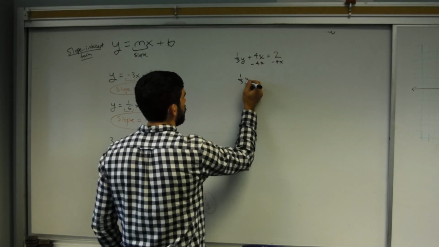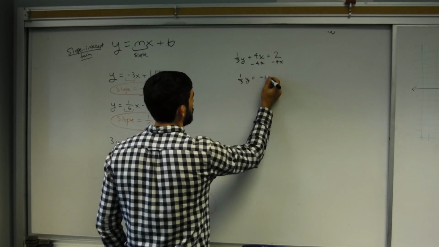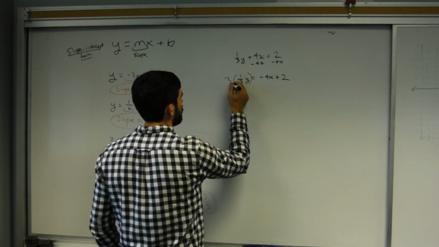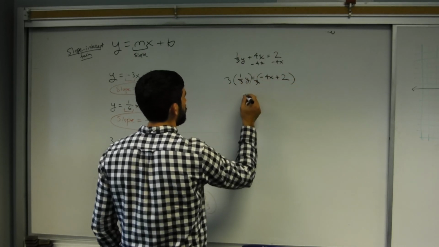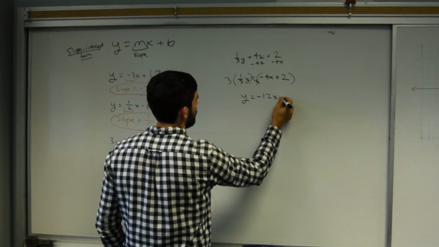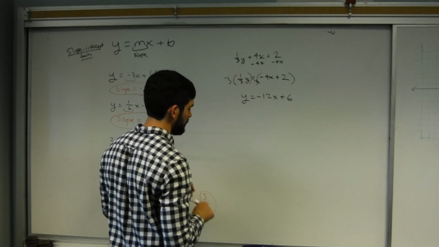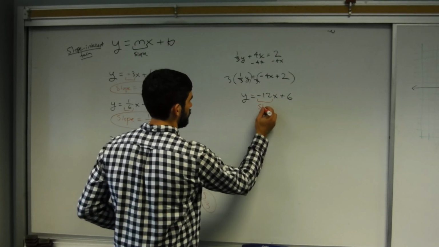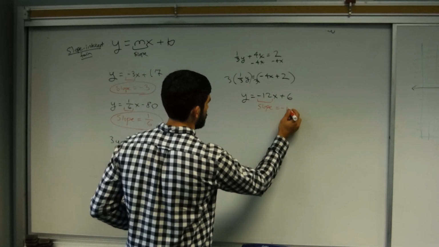We get 1/3 y is equal to negative 4x plus 2. And then we multiply each side by 3. And we get y is equal to negative 12x plus 6. And our slope would be equal to negative 12.